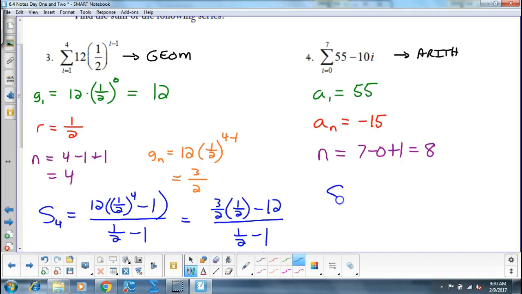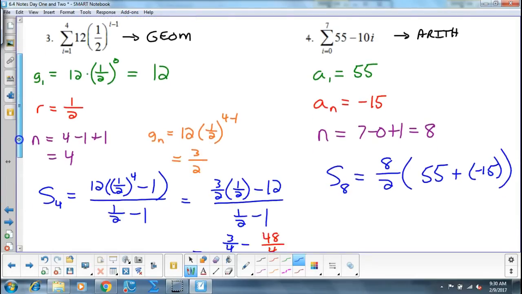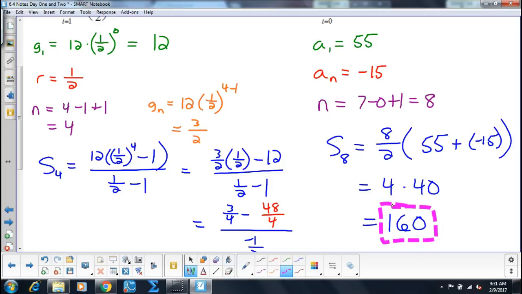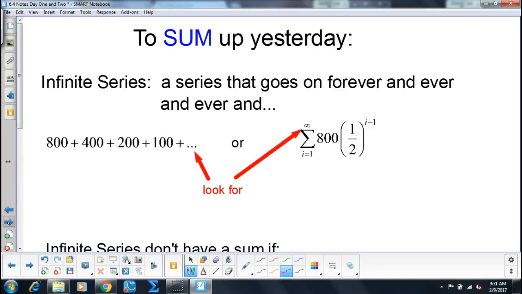So the sum of the first 8 terms is going to be 8 divided by 2 times 55 plus negative 15. 55 plus negative 15 is 40. 40 times 4 is 160. Yes? Okay. Gotta know when to hold them, know when to fold them.